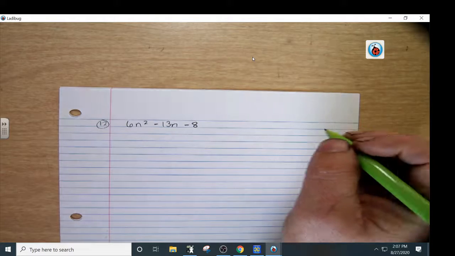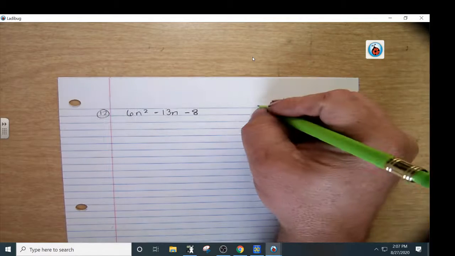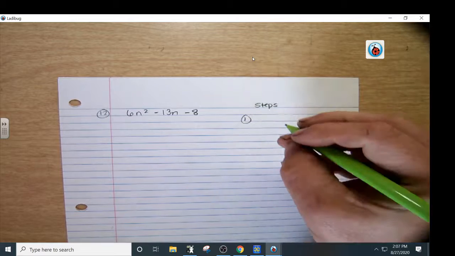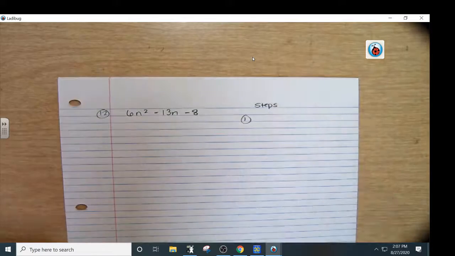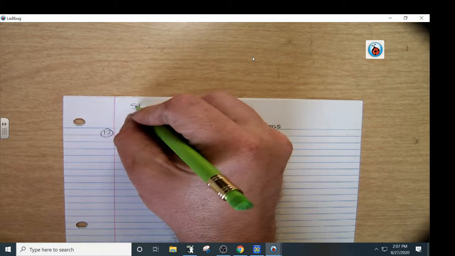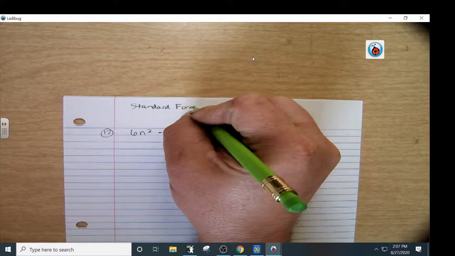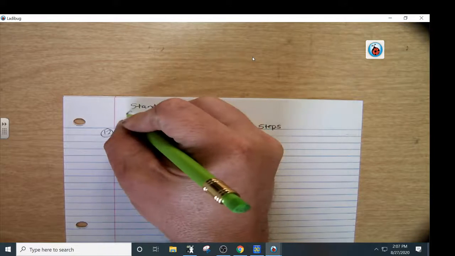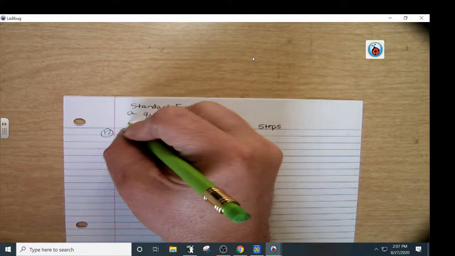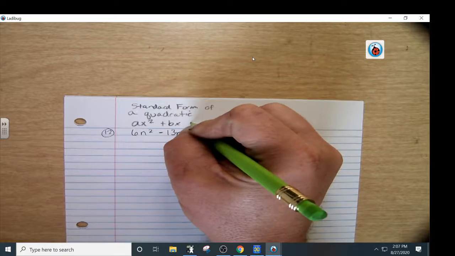All right. So I like steps, so we're going to write us some steps. Number 1. First of all, let's make sure we understand something. Standard form of a quadratic is ax squared plus bx plus c.